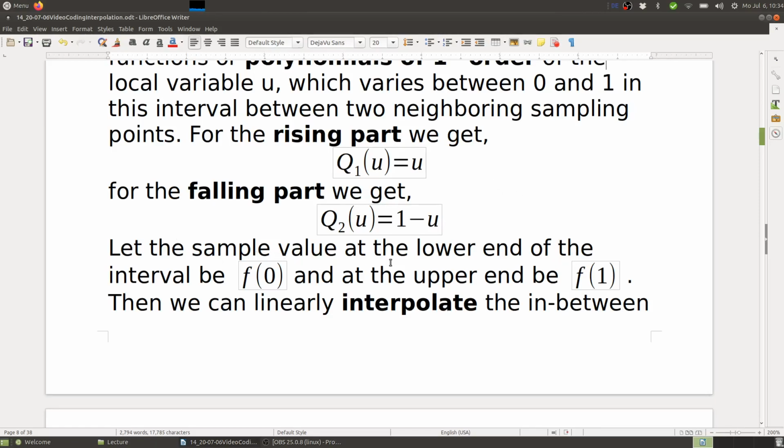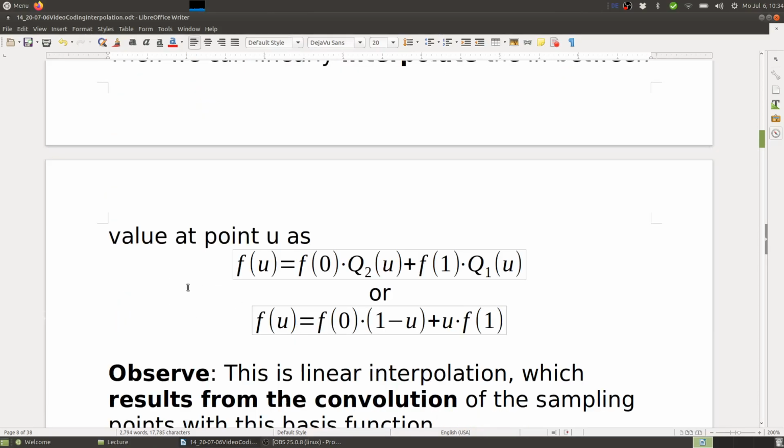Let the sample value at the lower end of the interval be f0 and at the upper end be f1. Then we can linearly interpolate the in-between point as f of u, so this is the interpolated value. And now we have the sum of the two contributions from the two basis functions. This is the contribution of the basis function for the function value on the lower end of this interval, f0 times q2 of u.